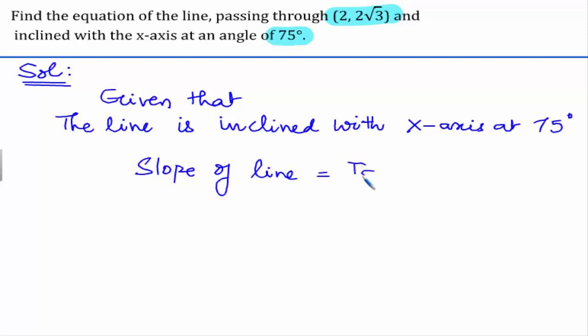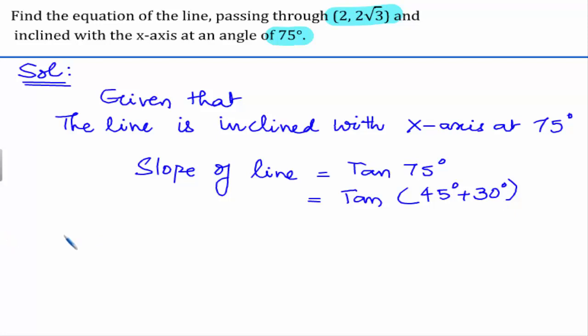is tan 75 degrees, and we have no tan 75 degrees value directly, so it has to be written as tan 45 degrees plus 30 degrees. We are trying to write them with the standard angles.